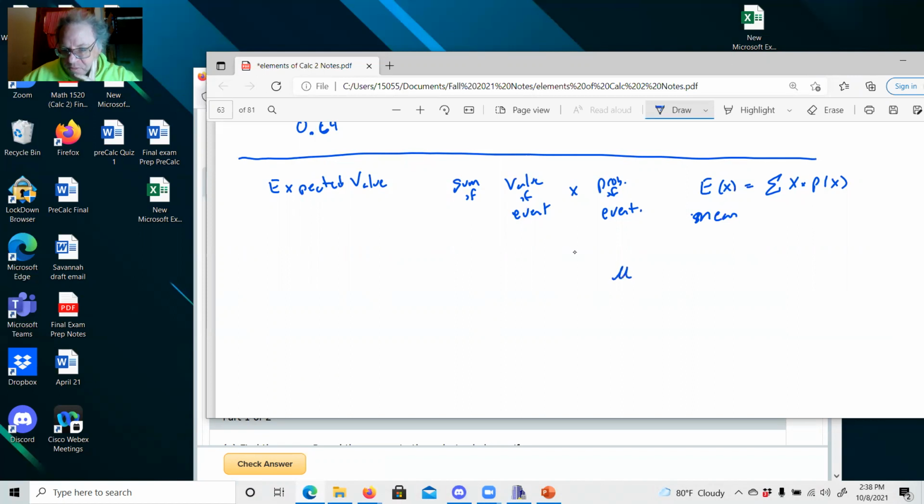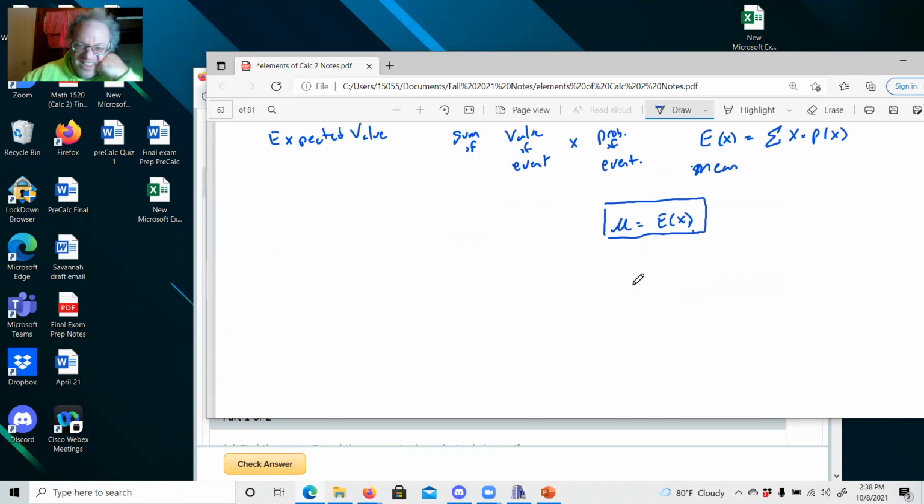So mu is equal to the expected value. I thought it was really powerful as a little kid because I figured this out, and none of my friends did. So I had forbidden knowledge. We'd play games, they'd accuse me of cheating. But there we go.